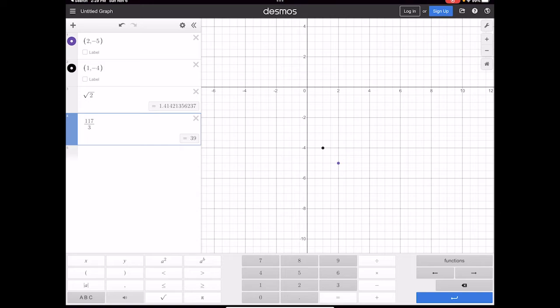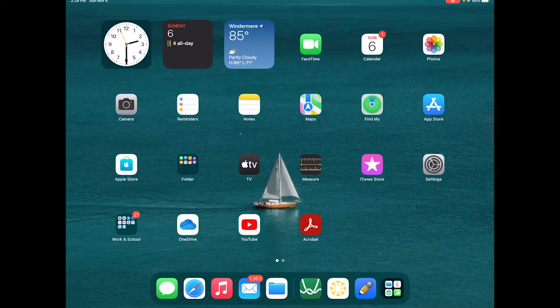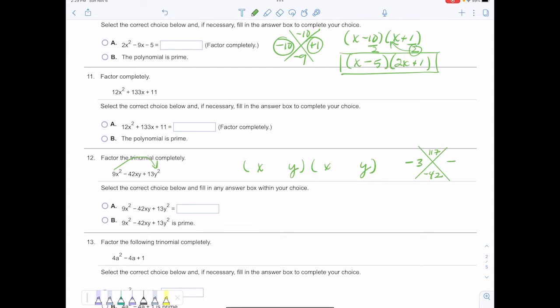So 3 times 39 are the factors that I'm going to use for this. -3 times -39 gives us positive 117, and -3 plus -39 does add to -42. So now I'm going to place these inside here.